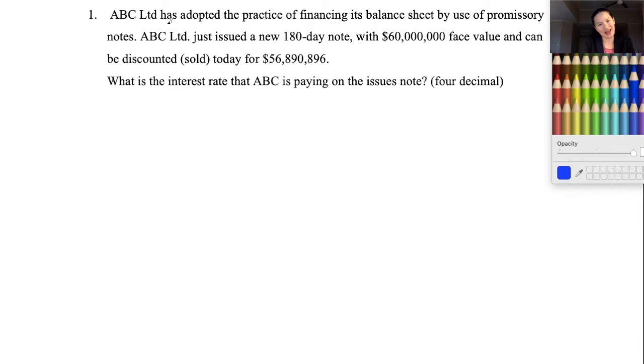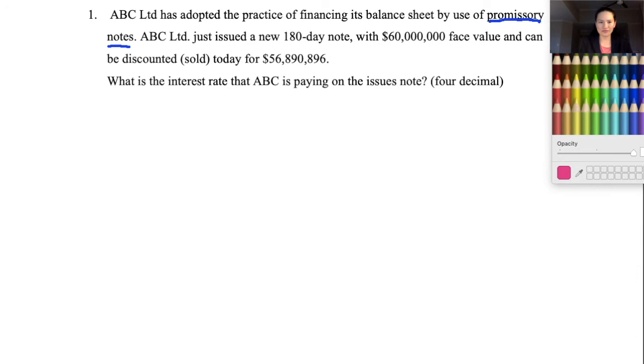ABC Limited has adopted the practice of financing its balance sheet by using promissory notes. If the question talks about promissory notes, you have to match it with the formula, the one I taught you.